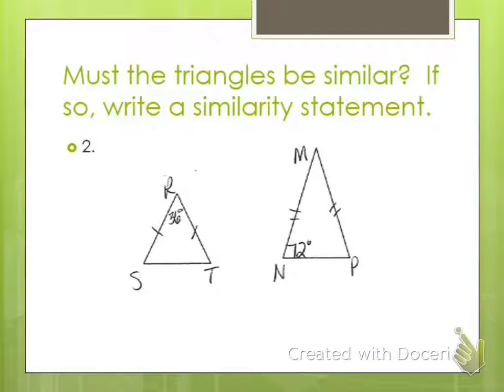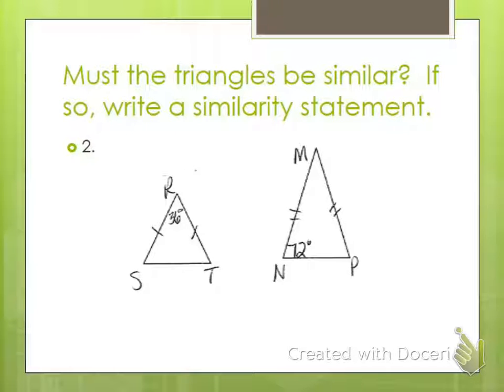All right, number 2. Same question. Must the triangles be similar? If so, write a similarity statement. So this time we have triangle RST and triangle MNP. Does anybody remember what types of triangles these are? Very good.